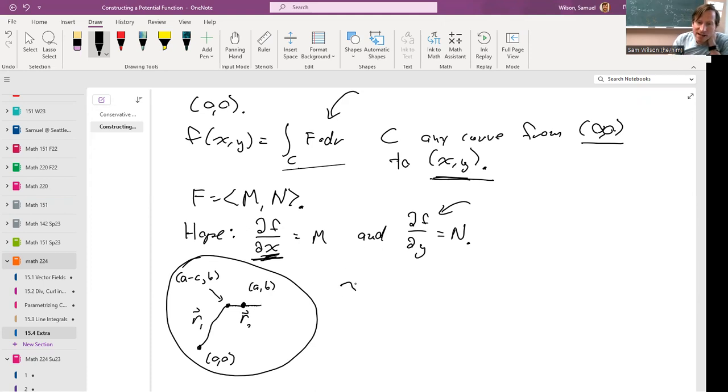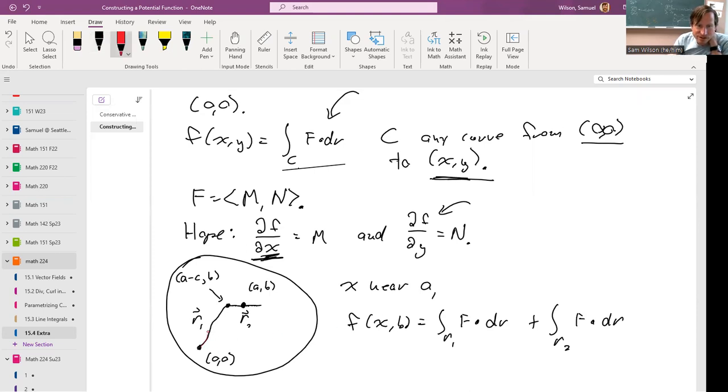Okay, now for x near a, f of (x, b) will be the integral along this curve, first R1, plus the integral along R2, dot dr, right? So this first integral gives us this part, and then the second integral goes sideways until we get to whichever spot we're going to.